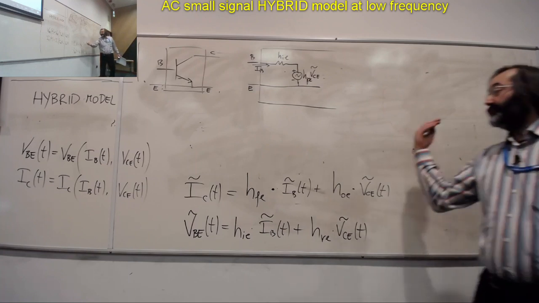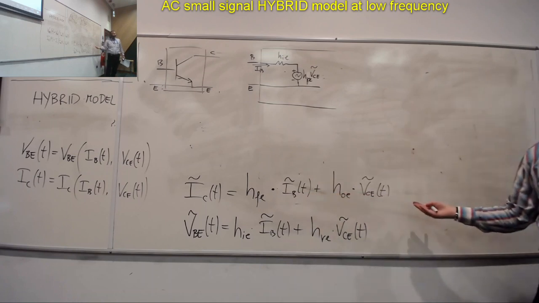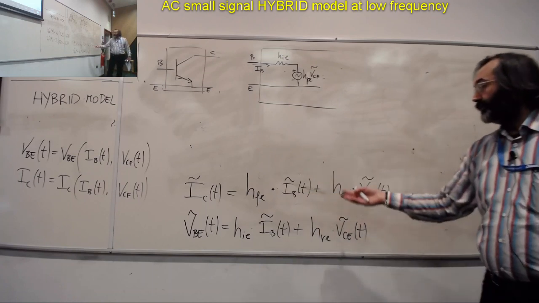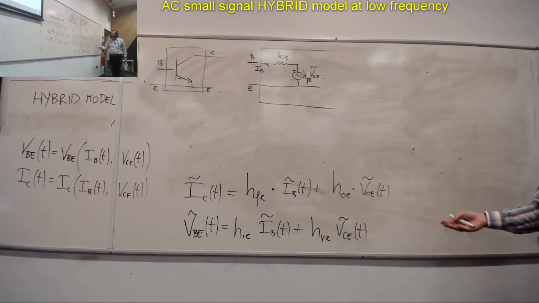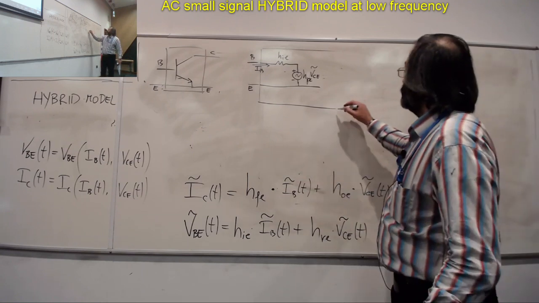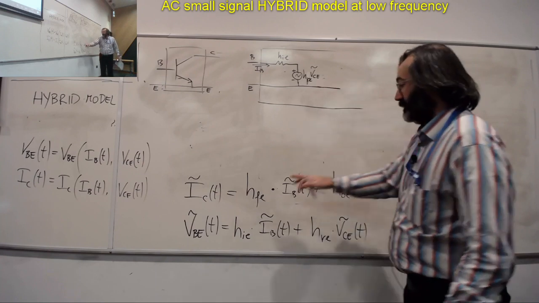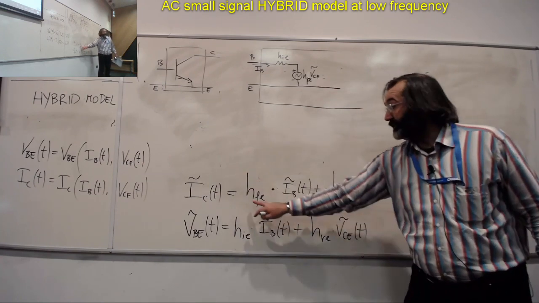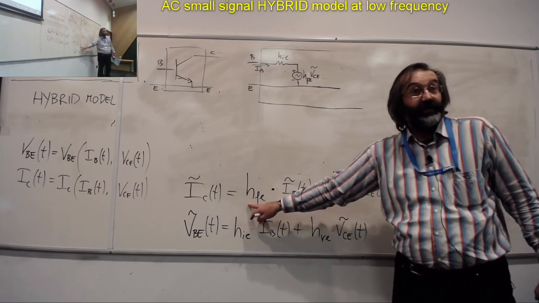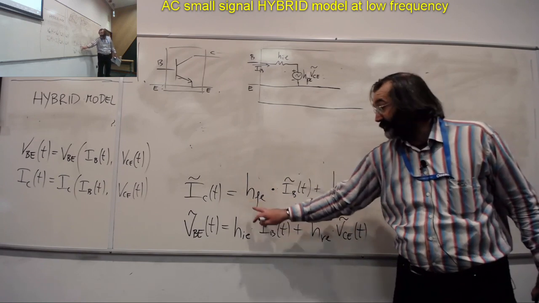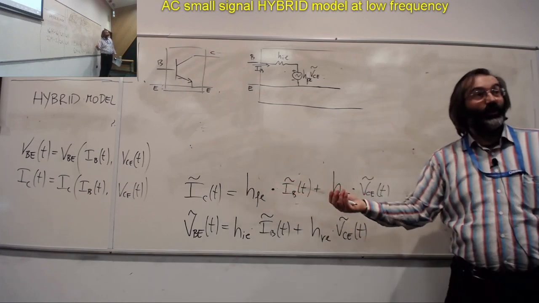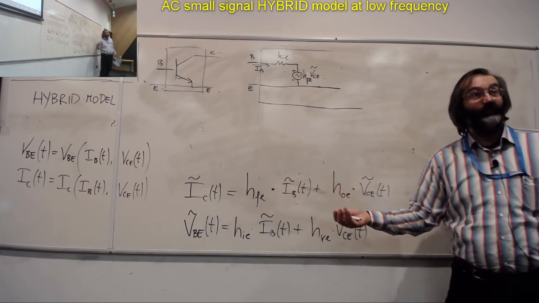Now I'm doing the other part, related to this equation. What is this equation suggesting? It's suggesting that IC is given by, this is a current. We said this is dimensionless, it's a current amplification, differential current amplification. So this represents a current generator present in the circuit.